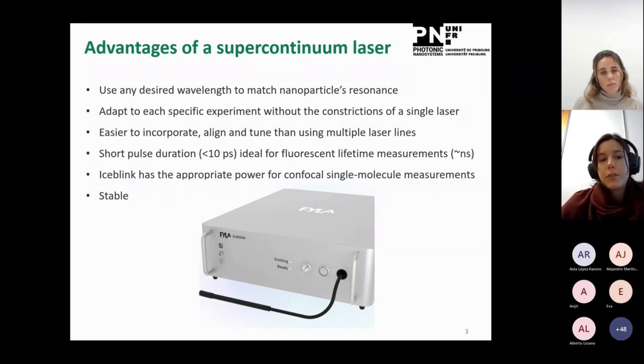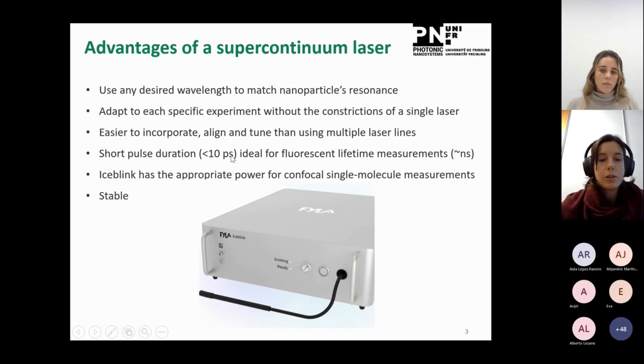Another thing that is important for us, because we do a lot of fluorescence lifetime imaging, since this is a good parameter to study the interaction between metallic nanoparticles and fluorophores, is to have a source that has a short pulse duration, like the ice blink, the laser that we have in our lab.